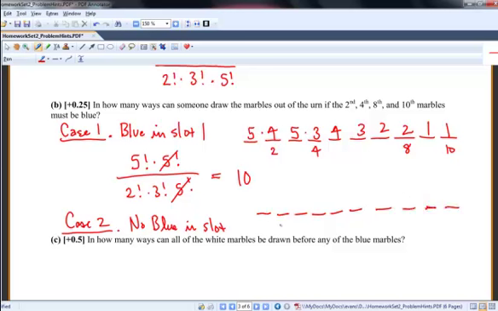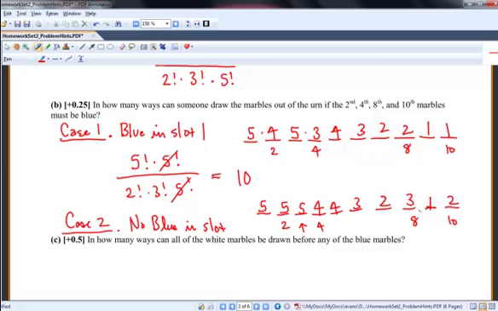I'm not going to put a blue in the first slot, so in slots 2, 4, 8, and 10, I have 5 choices for a blue here, 4 choices, 3 and 2. And then there's not going to be a blue in the first slot, so the number of choices I have for the first slot is actually 5, right? Because I have 5 of the whites and the reds. And then when I get to this slot right here, I still have 5 marbles left. So 5, 4, 3, 2, and 1.